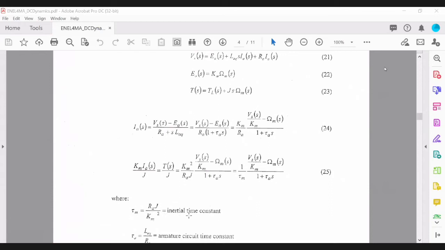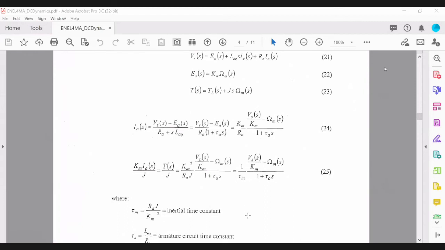So that's called the inertial time constant of the motor, right? So this is the factor that we've basically replaced here by 1 over tau M, right? So 1 over tau M will be equal to Ra J divided by Km squared. So this factor we've replaced by 1 over tau M.